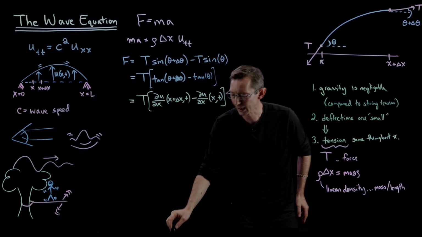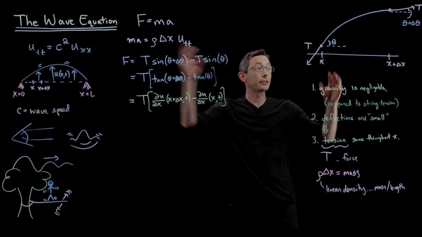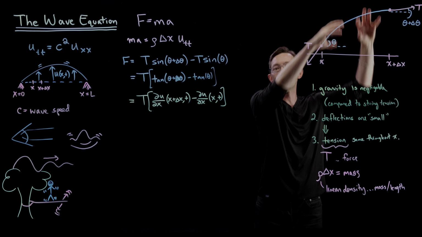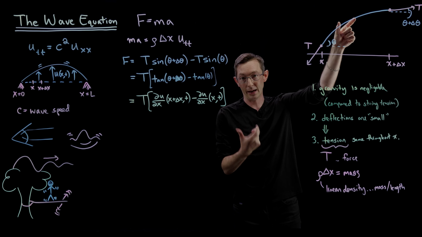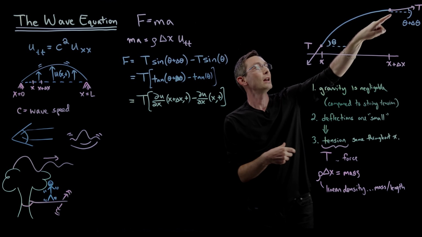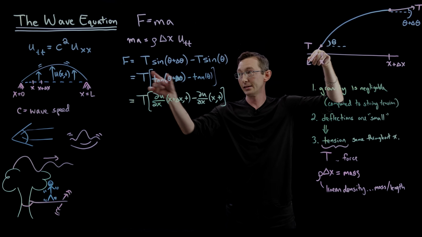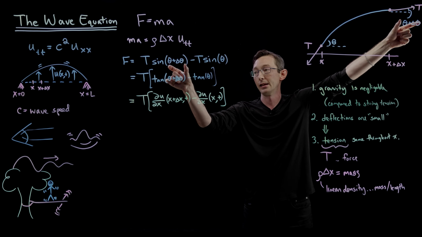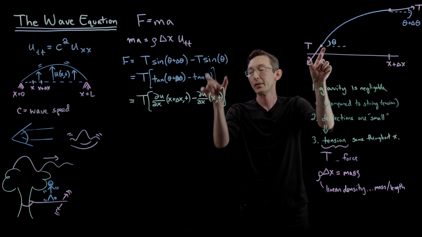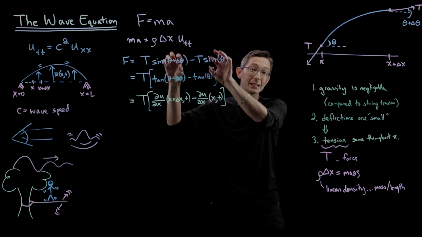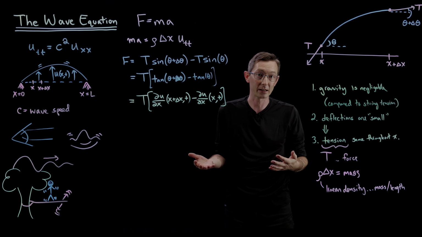I'm going to say this one more time. We're saying that the force that's accelerating this piece of the vibrating string vertically is the vertical component of this minus the vertical component of this. So T sine(theta + delta theta) minus T sine theta. We can change those sines to tangents because of the small angle approximation.